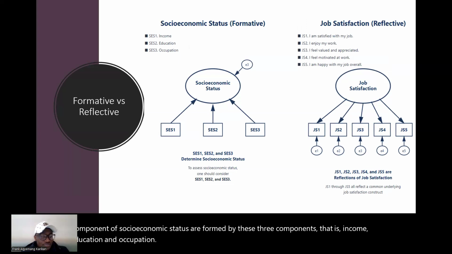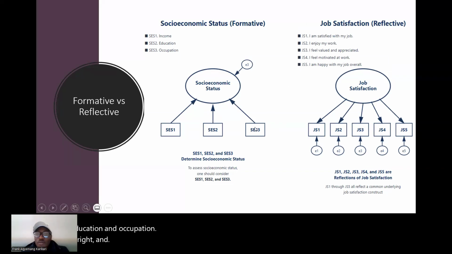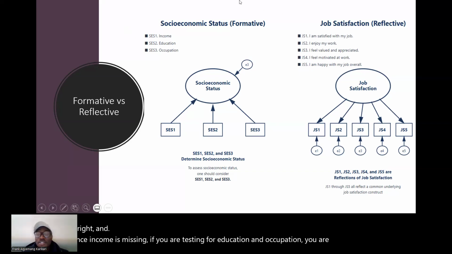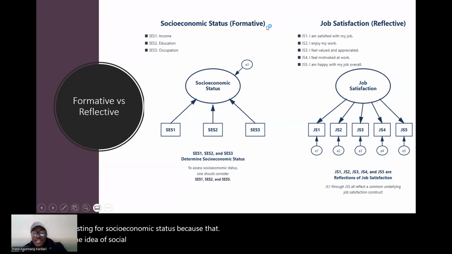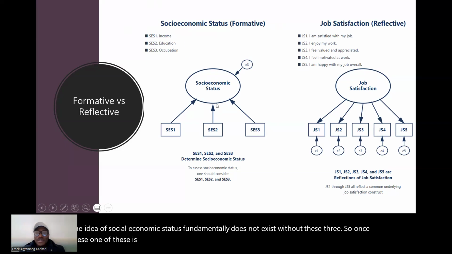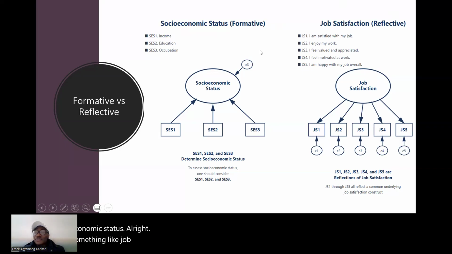And once income is missing, if you are testing for education and occupation, you're not really testing for socioeconomic status, because the idea of socioeconomic status fundamentally does not exist without these three. So once one of these is missing, it means that you are looking at something different, not socioeconomic status. All right. Something like job satisfaction is reflective.